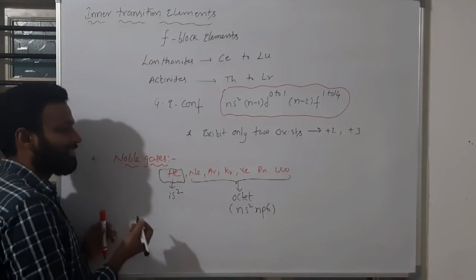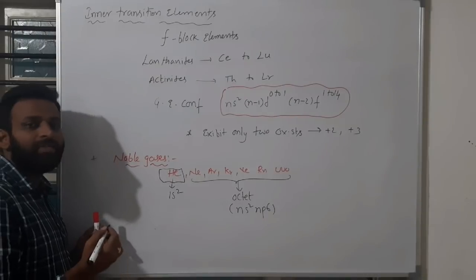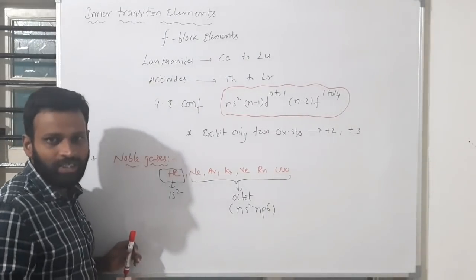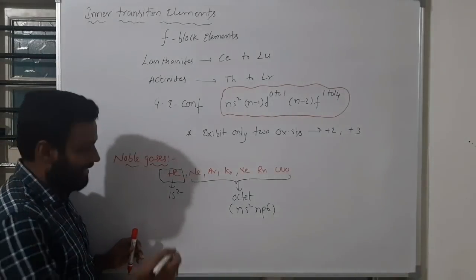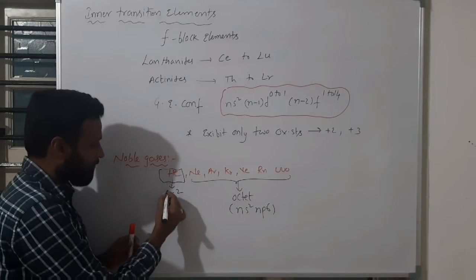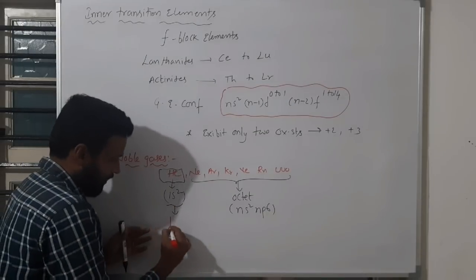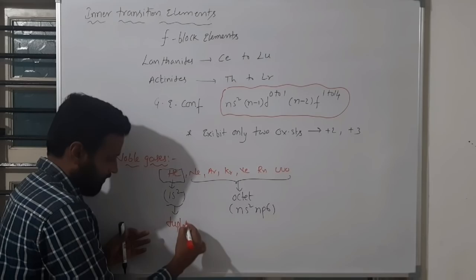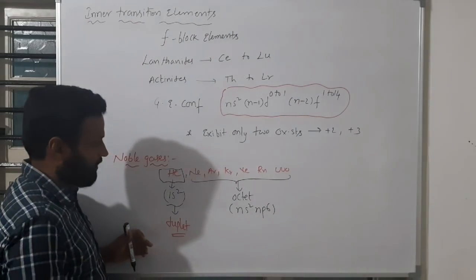Noble gases are highly stable because they have a stable electronic configuration, with completely filled s and p subshells, except helium, which has only the duplet configuration.